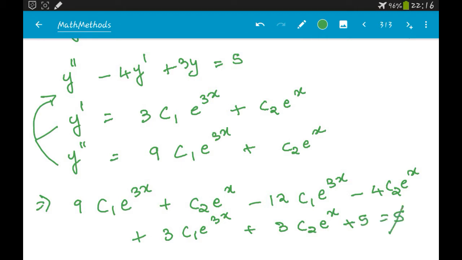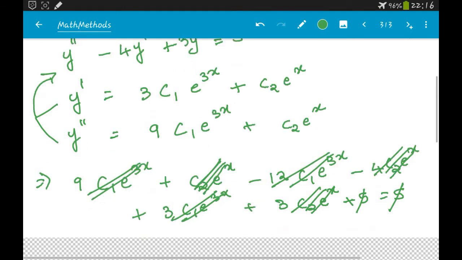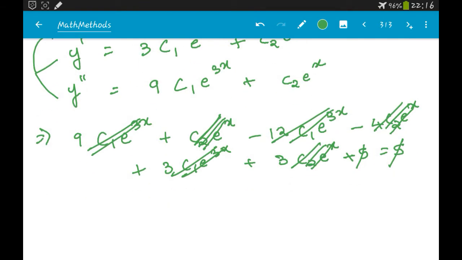so you will get 5 is equal to 5, right? So if you check this, you will actually cancel these 3 out. Okay, so all of these cancel out, which means this is indeed the solution.